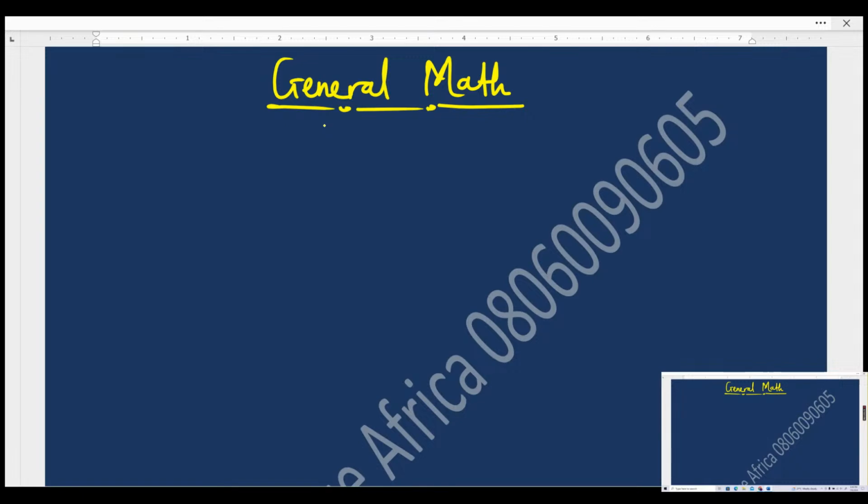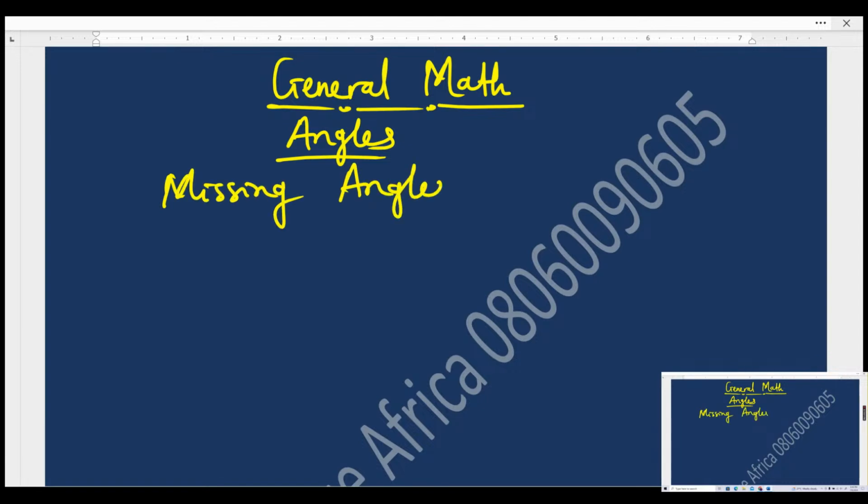Now, on the general math, I'll be touching on angles. We'll be checking out missing angles within lines. Now, we have different types of angles.